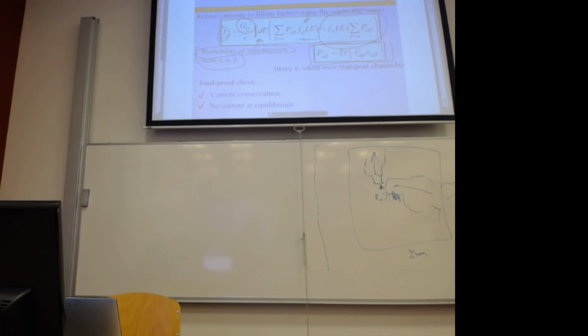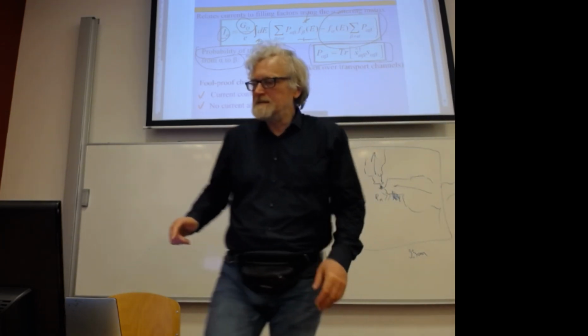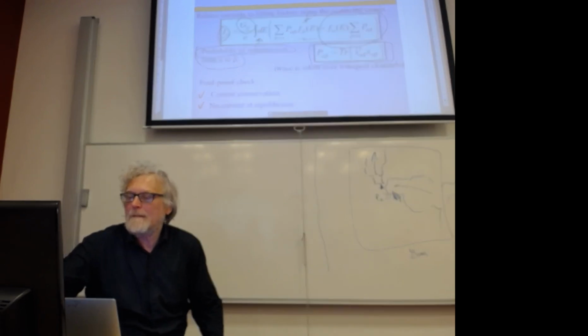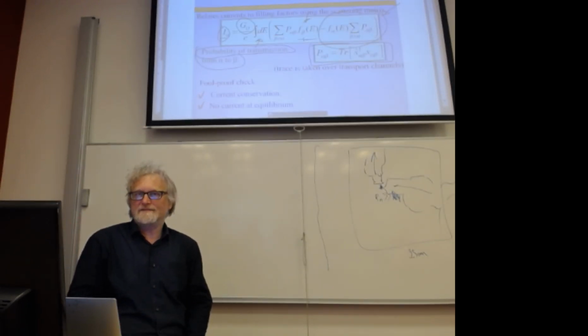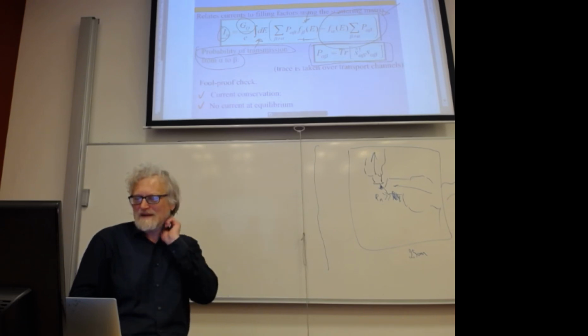They can go to all terminals, so I need to sum up over beta here. Okay? So it's balanced. You can explain it to any bookkeeper. Let me put it like this. Fine.